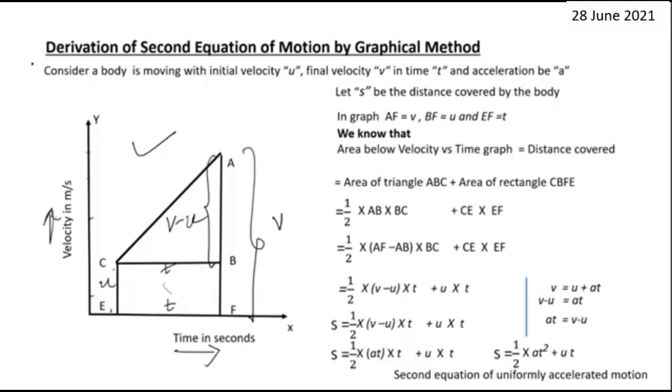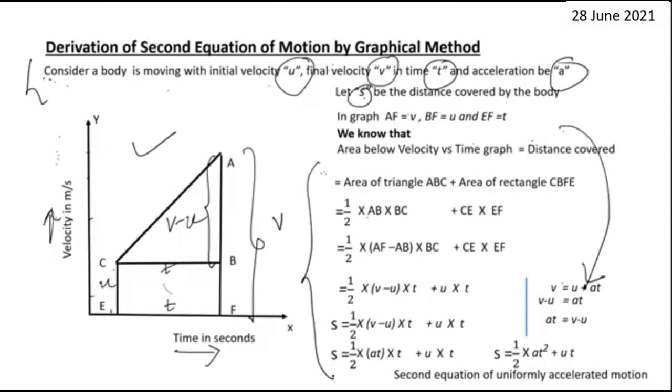But before you prove, you have to explain what U, V, T, A and S are, which you are going to use in this equation. Straightaway don't go for all these things. You have to tell that consider a body moving with initial velocity U and final velocity V in time T, and acceleration A. Let S be the distance covered by the body, and then you have to explain what is in the graph.